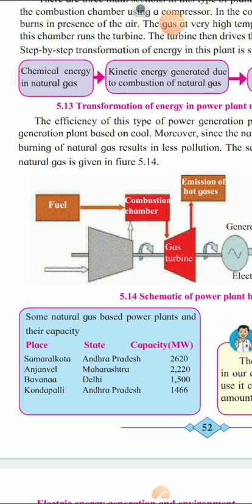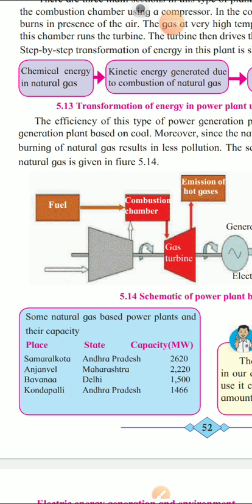Capacity is 2220 megawatt. Then Bawana is there, that is present in Delhi. The capacity is 1500 megawatt. Then Kondapalli is there, that is present in Andhra Pradesh. The capacity is 1466.